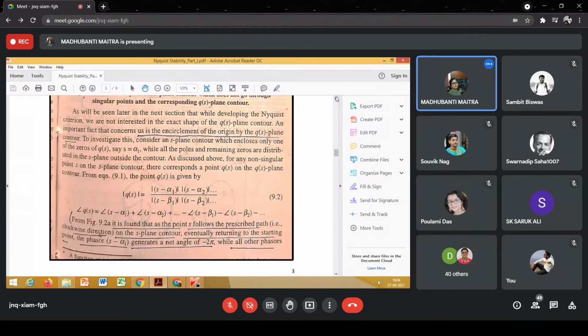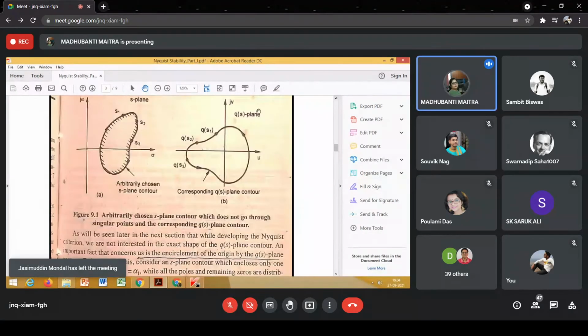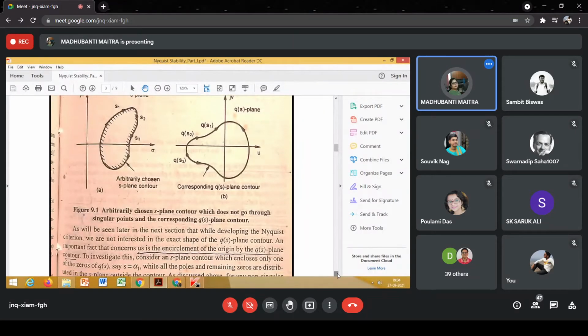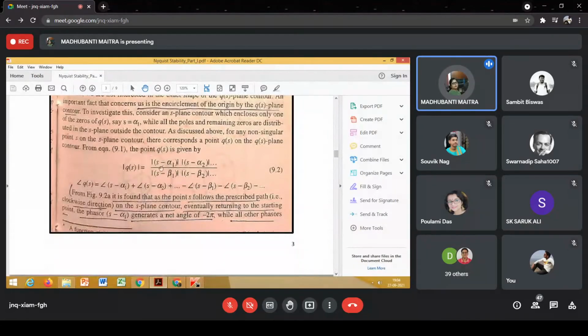Now, for applying the Nyquist stability criterion, we'll see what is going to be the shape of the closed contour on the Q(S) plane. The shape will be influenced by the magnitude of Q(S), as S varies from S1 to S2 to S3, S4 on the S plane contour.